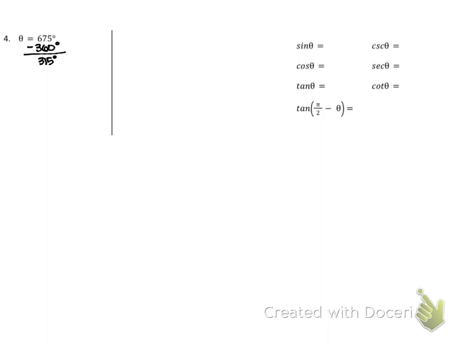I know it's really close to another 360, so I am going to subtract another 360 because I just want to know how close. Okay, this is the same as negative 45 degrees. So I'm going to go ahead and figure out where negative 45 would land. So I know where negative 45 is going to be. It's going to be right there.